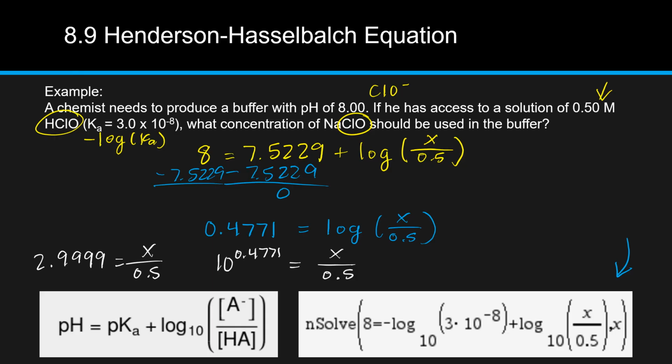So then in order to get X, or my concentration of ClO minus, that is going to be 2.9999 times 0.5. That's going to give me 1.4999. And then looking at sig figs, it looks like my smallest is 2 sig figs. So my final answer is the concentration of ClO minus is going to be 1.5 molar.